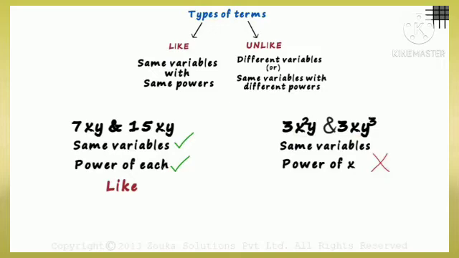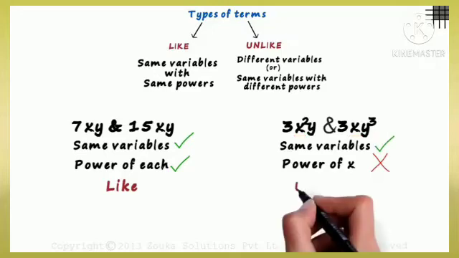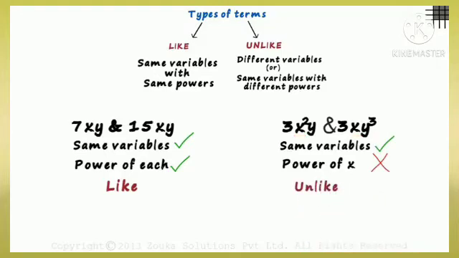It's not the same. Even though the variables are the same, because the powers are not equal, these are unlike terms. Observe that we do not bother to check the powers of y in each case. Remember, if the power of one of the variables is different, the terms become unlike.